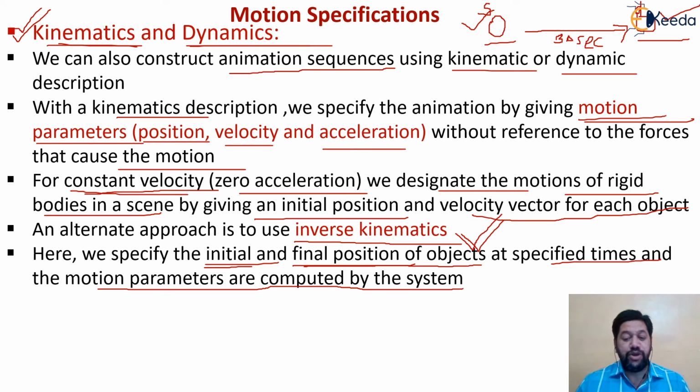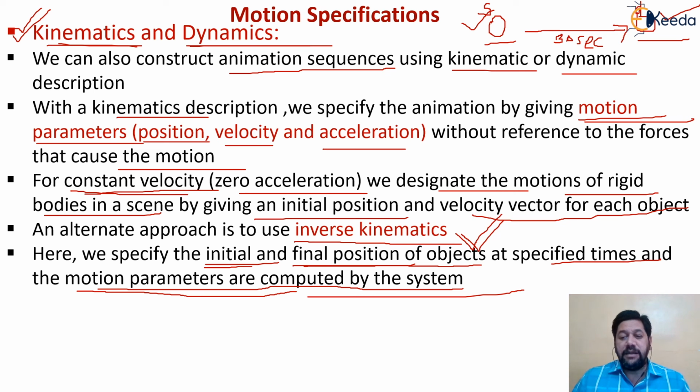This is specified by the user. Now, what is my computer going to find out? The motion parameters are computed by my system. Many software tools are available which generate this. If I say the object is moving from this to that in 30 seconds, the speed may be medium.